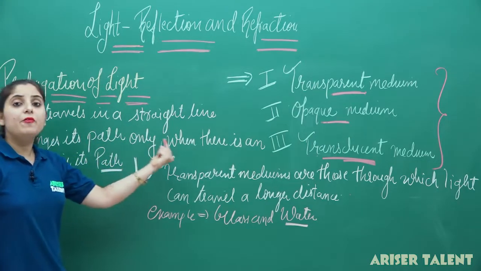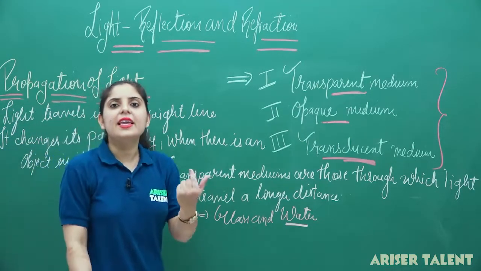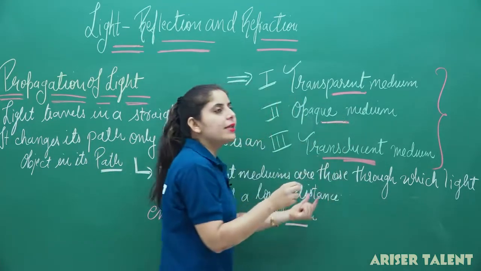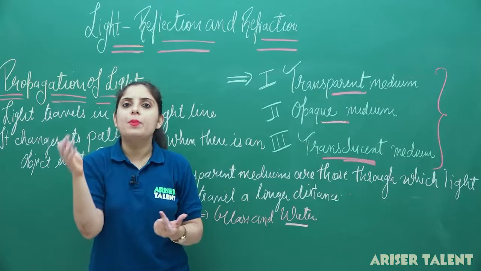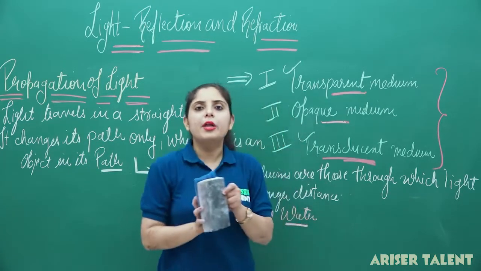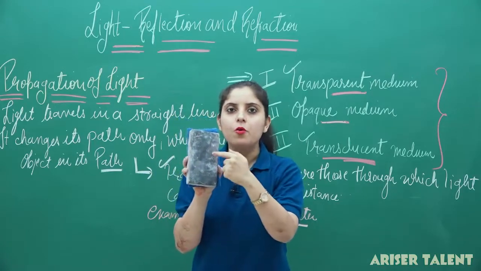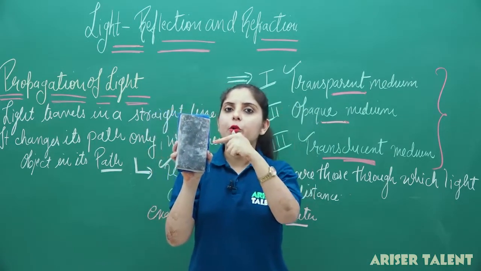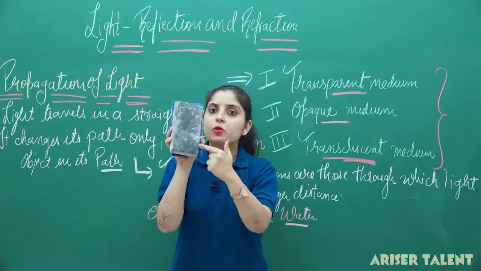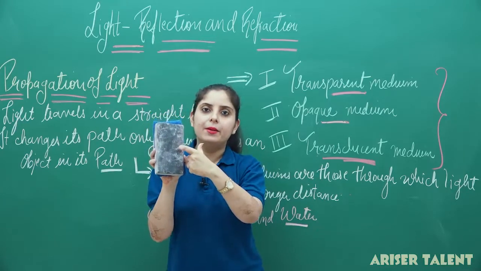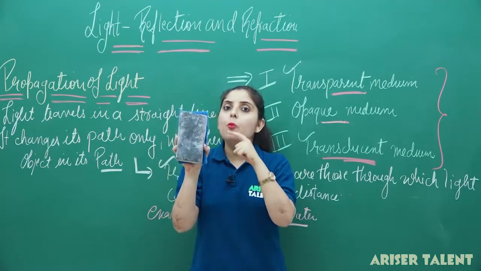Now, the definition is just the opposite in the case of opaque mediums. Opaque mediums are those which do not have a tendency to pass light through them. Suppose I consider any brick or wood. This is a wooden piece I have. If I pass light through it, the light is not going to pass through this medium. So this is an example of an opaque object.